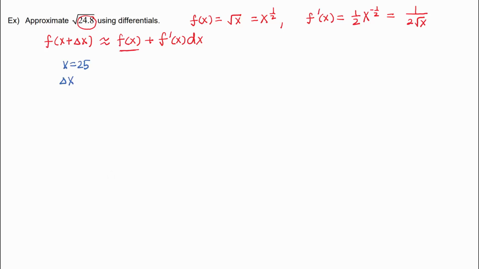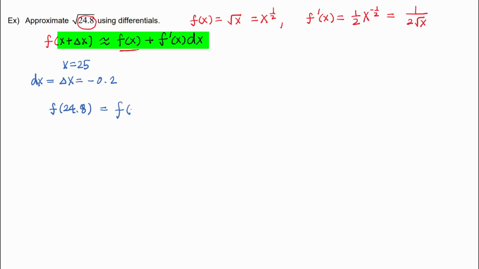Then delta x will be a negative value, since you need to add negative 0.2 to get 24.8 from 25. And remember, delta x is always exactly equal to dx. So we are ready to approximate. f of 24.8 is f of x, where x is 25, plus delta x, which is negative 0.2.